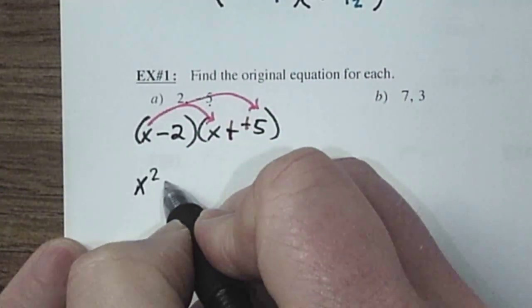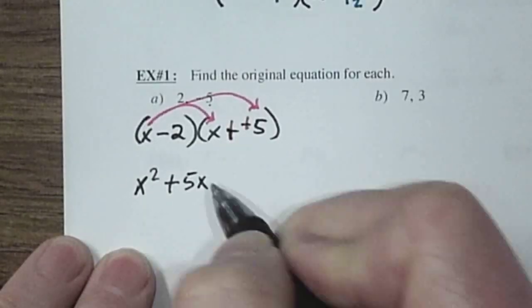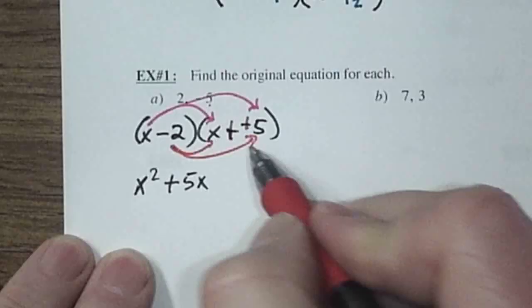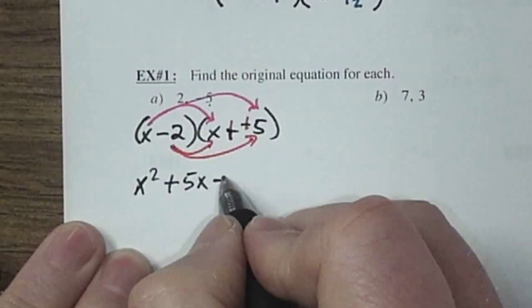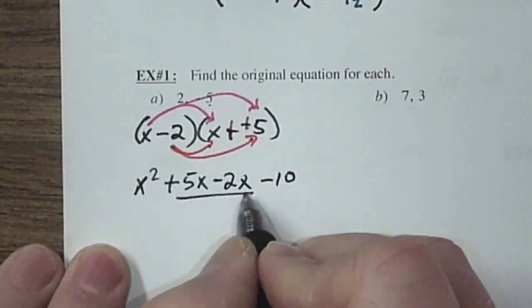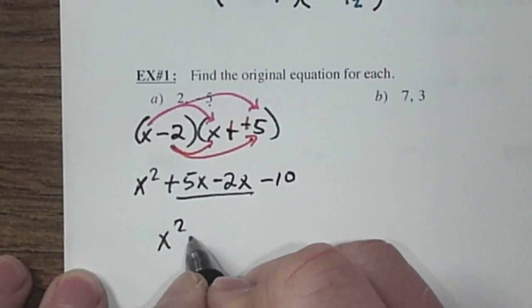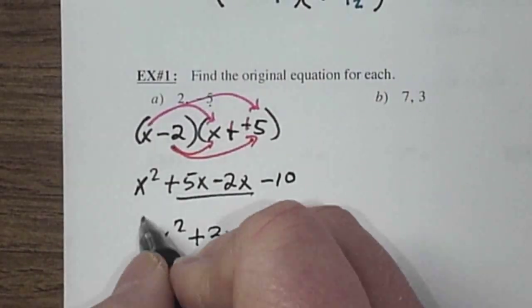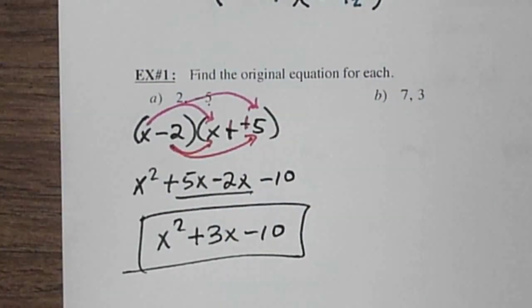So x times x is x squared. x times 5 is 5x. And then we go negative 2 times x and negative 2 times 5. And so we get a negative 2x and a negative 10. And then we put these two together, and we get plus 3x minus 10, and wabang!